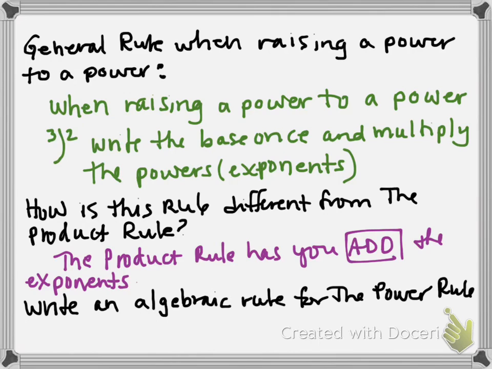And that would be, if I have A that's being raised to the power m, and I want to raise that power to the nth power, Cameron, Kyla, what I'm going to do is write the base once, and I'm going to multiply those exponents, okay? Now the same thing is true if I have a product inside of the parentheses, as I still am multiplying the exponents. Matt, did you write it down? Yeah.